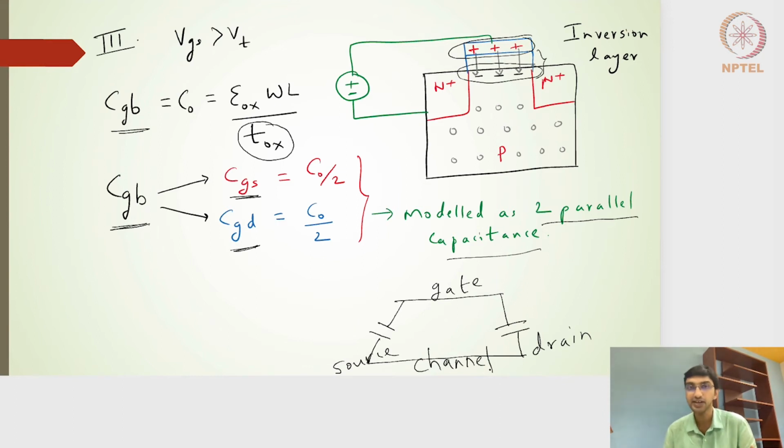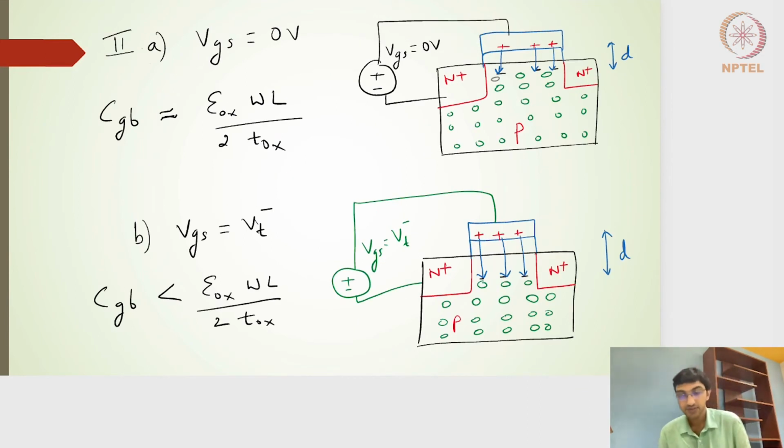Right, again this will be applicable in the linear region. In the saturation region, we will see what is likely to happen later. In this particular slide, I'm more focused on the second region where my CGB value is going to decrease. As explained earlier, the overall effective distance between the two parallel plates is going to be more than the T oxide.